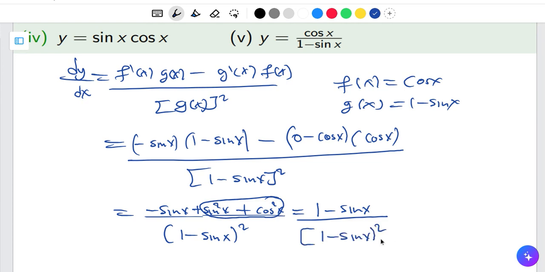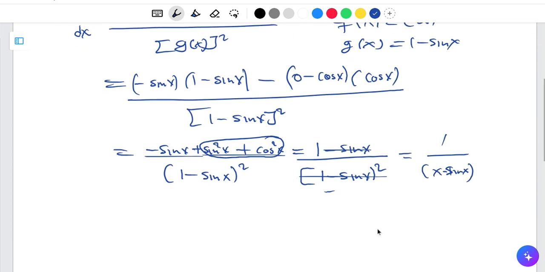As you can see, this one and this, they are looking alike. So if I cancel one here, I'm just going to remain with a single 1 minus sine x, and on top I'm just going to remain with 1. So our final answer here is just going to be 1 over 1 minus sine x. So this is how you're supposed to answer that.